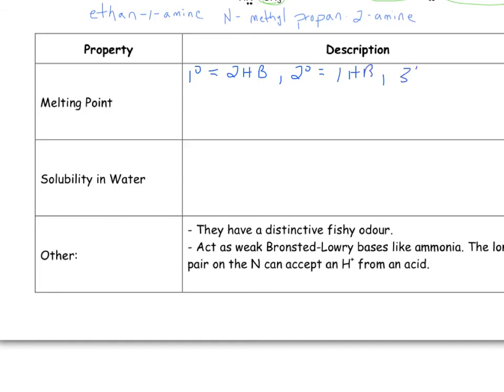And if it's a tertiary amine, it can only do dipole-dipole. Remember, accepting hydrogen bonds only affects the solubility of a compound. All of these 3 intermolecular force combinations give amines a higher melting point than alkanes.